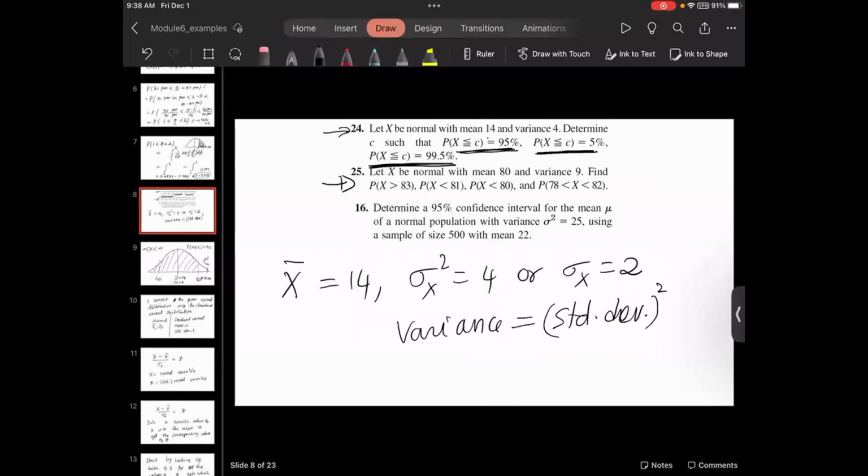In the session I planned on Monday, I'll try to briefly go over problem 25. No, I don't want to do problem 16. It's not something we discussed in the class.